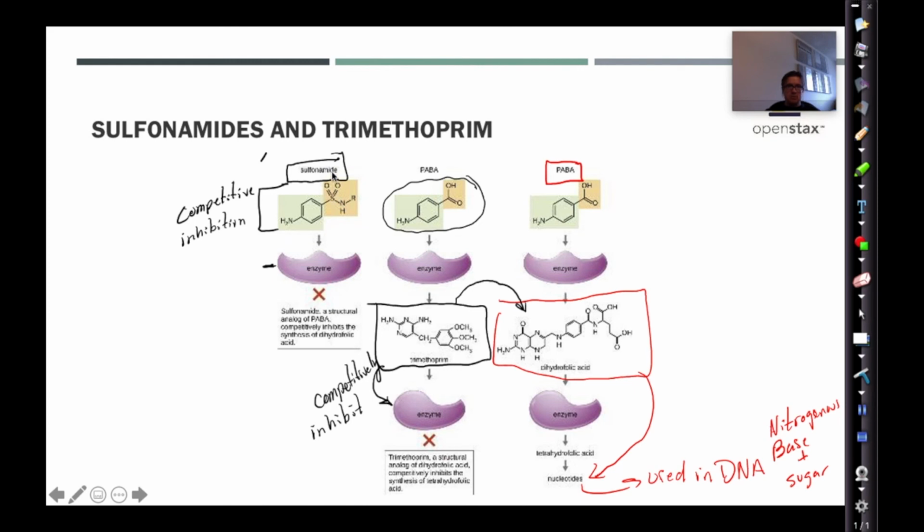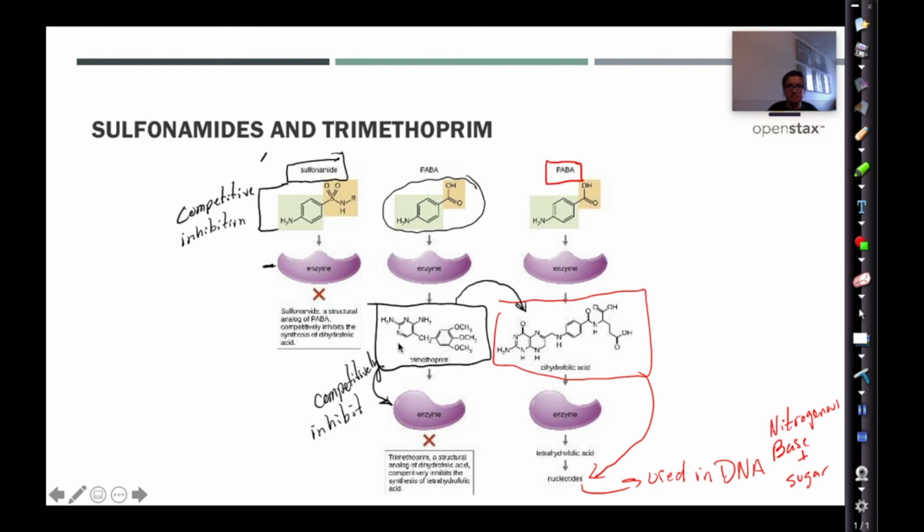So what the sulfonamides do is they competitively inhibit the active site of that first enzyme, and because they bind there, then you can't make the second molecular structure, and then that second enzyme has nothing to work on. So it stops the chain from making nucleotides at the first enzyme.